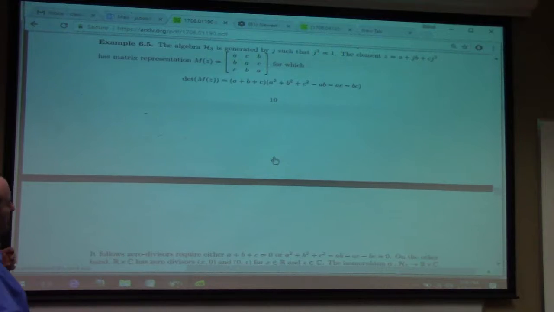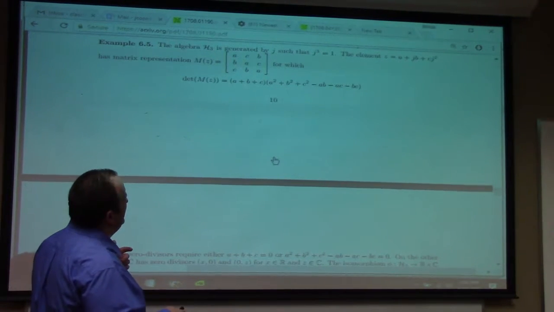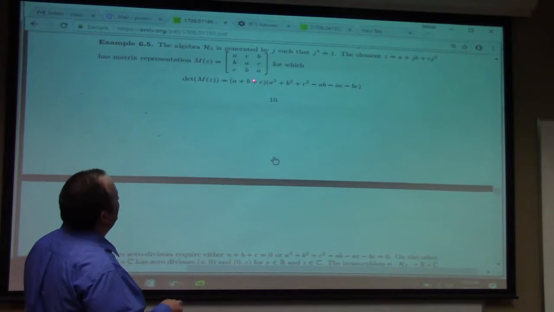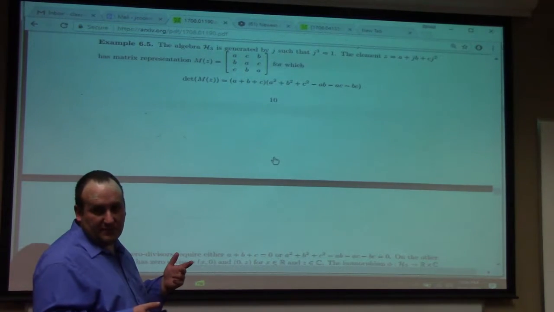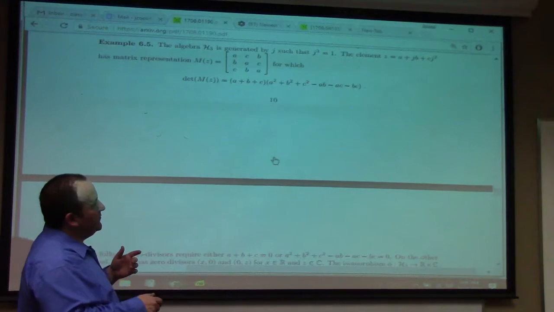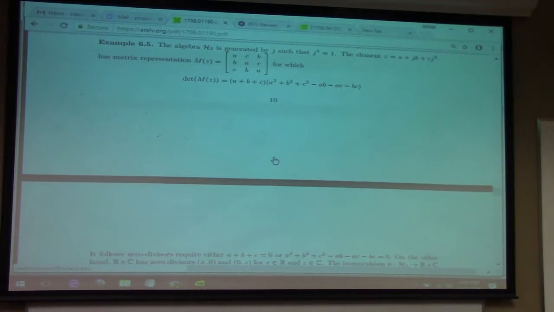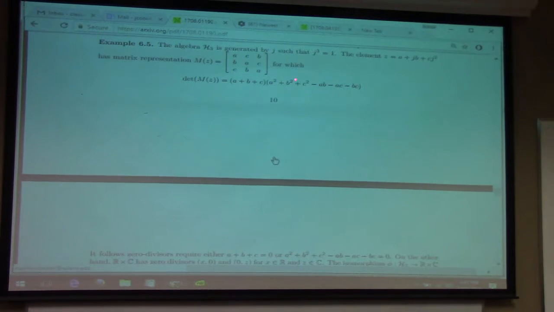And Min pointed this out in like the first couple months I was working on this. Min was excited. He's like, look, I found this. I was like, oh, cool. But this is important because if the sum of these is 0, that's a 0 divisor. Or if this thing is 0, it's a 0 divisor. So this is 0 if you put A equals B equals C. So the line in the direction 1, 1, 1 in the 3 hyperbolic space makes that factor 0.